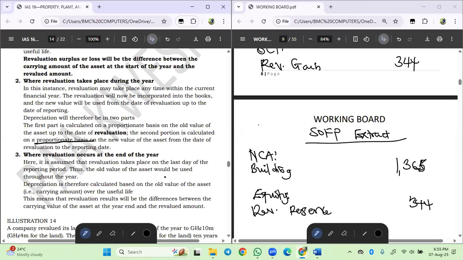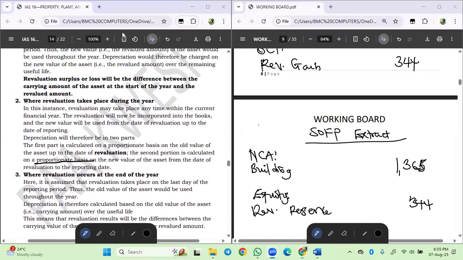Now let's talk about where revaluation occurs at the end of the year. We've talked about when the revaluation takes place at the start of the year, during the year, and now at the end of the year.